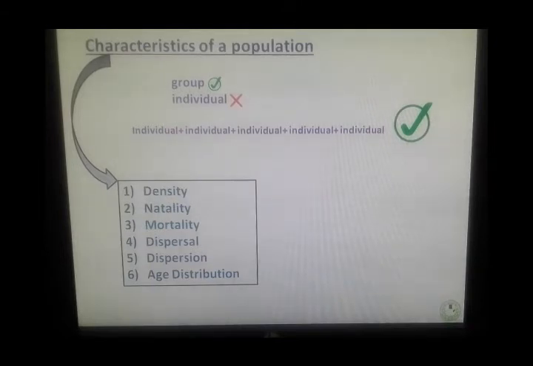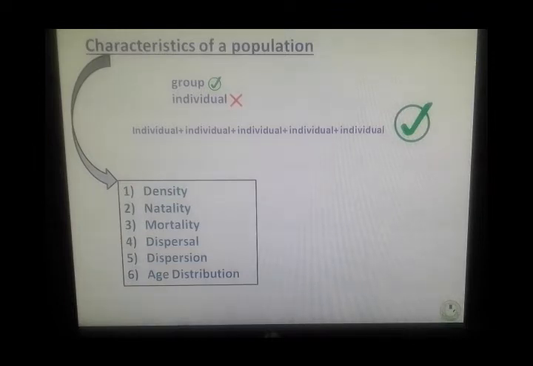Now, obviously, the individuals which are there in a population, they are having a role to play in the characteristic of a population, but more importantly, the summation or amalgamation or integration of the behavior of a group of individuals play a greater role in understanding the characteristics of a population.